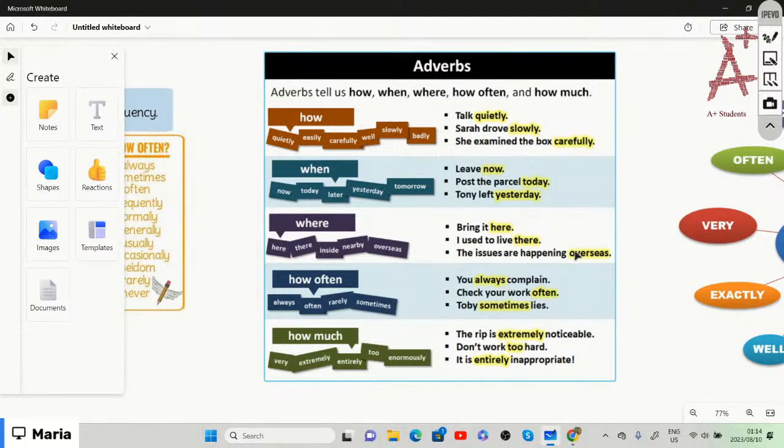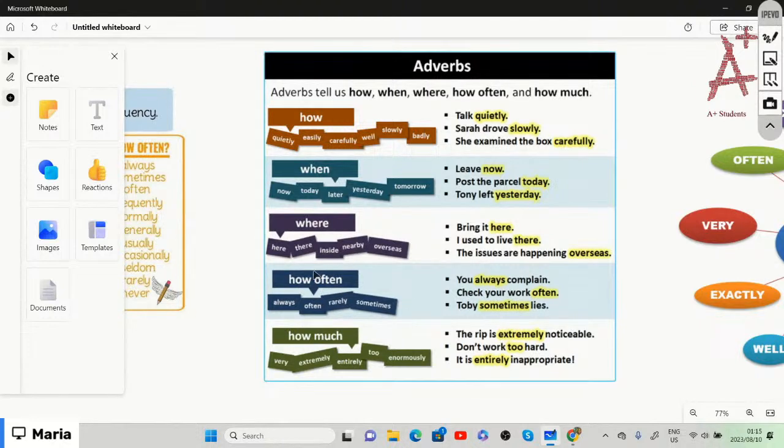The issues are happening overseas, right? Which means that it is something that's abroad. It doesn't necessarily have to say the issues happen in Canada, for example, or in South Africa. We can maybe just say that the issues are happening overseas, right? It basically gives us an idea of where the issues are taking place.